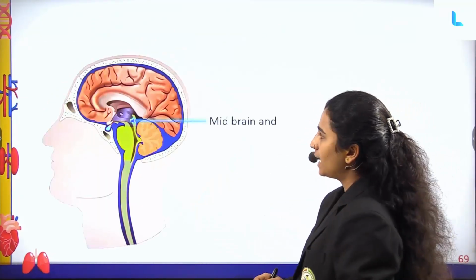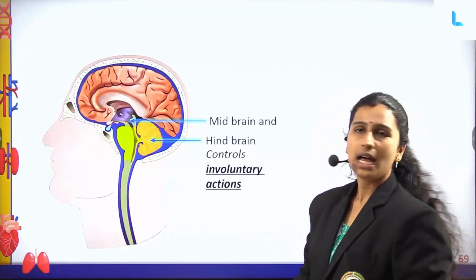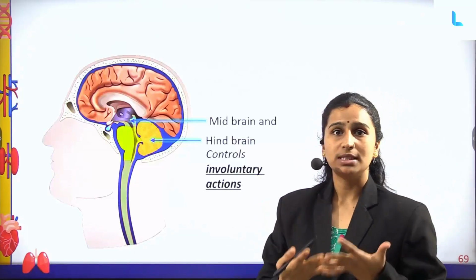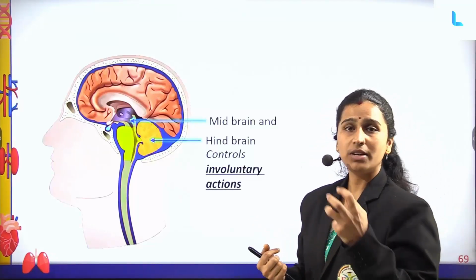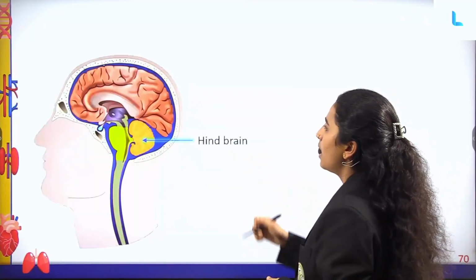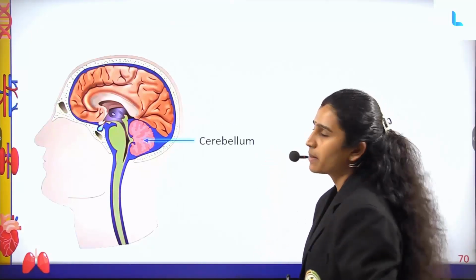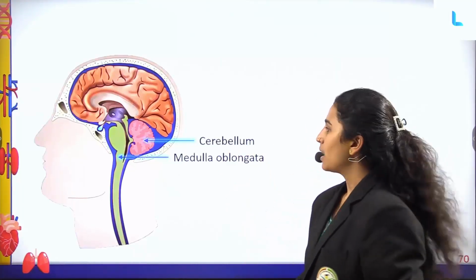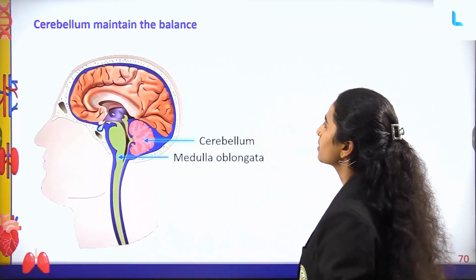Next, the midbrain and the hindbrain. These two coordinately help in our actions, for example when we have to stand erect, or hold or clinch on to something in a proper tight manner. The hindbrain specially consists of the cerebellum. So the forebrain consists of the cerebrum, the hindbrain will have the cerebellum, and this portion, as I already told you, is the medulla oblongata.